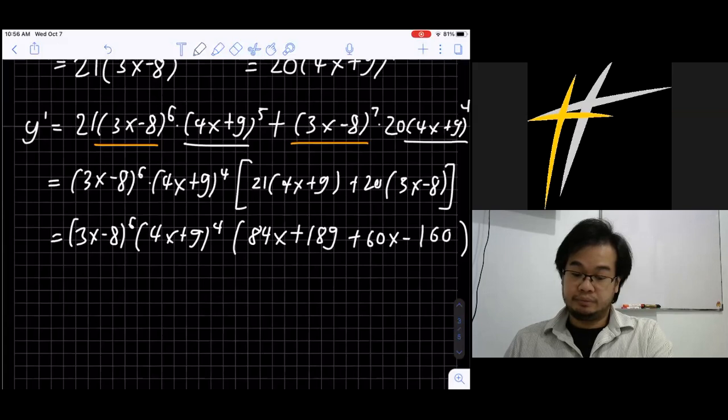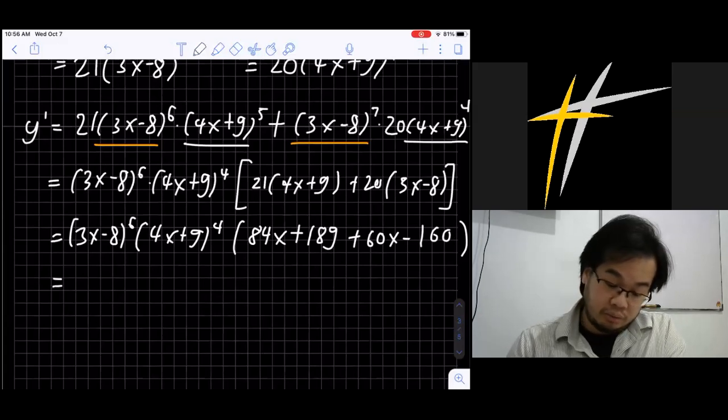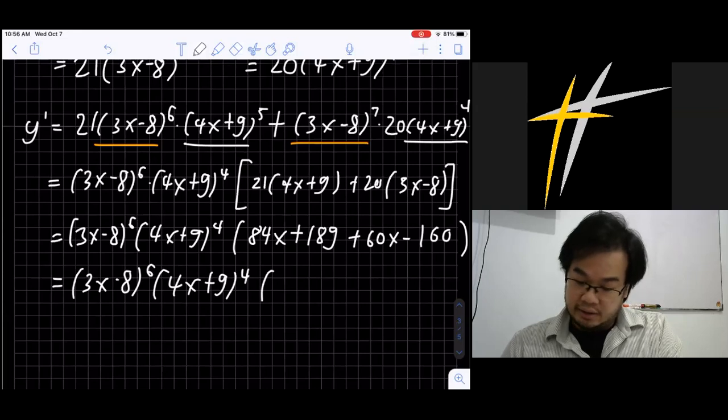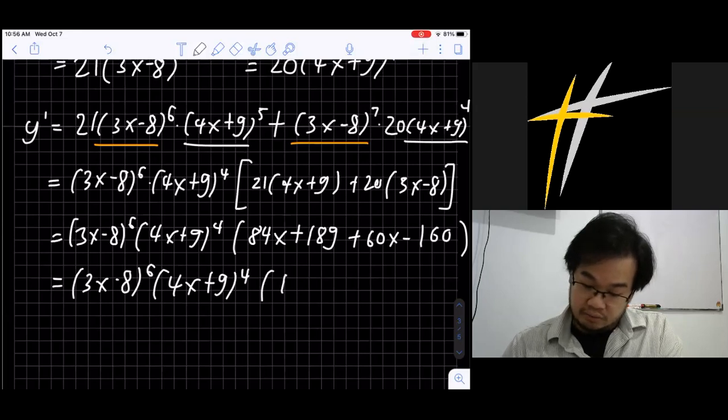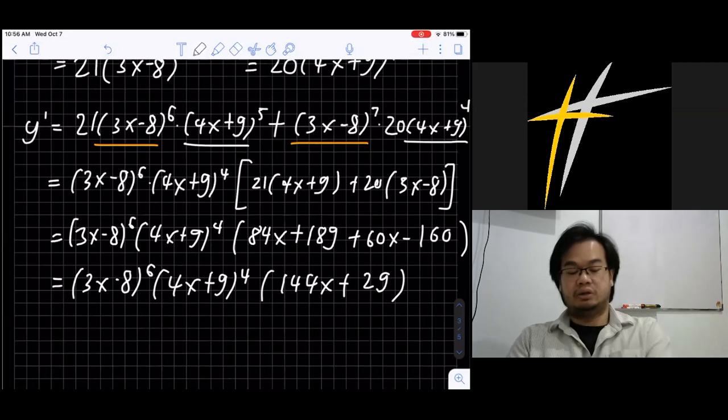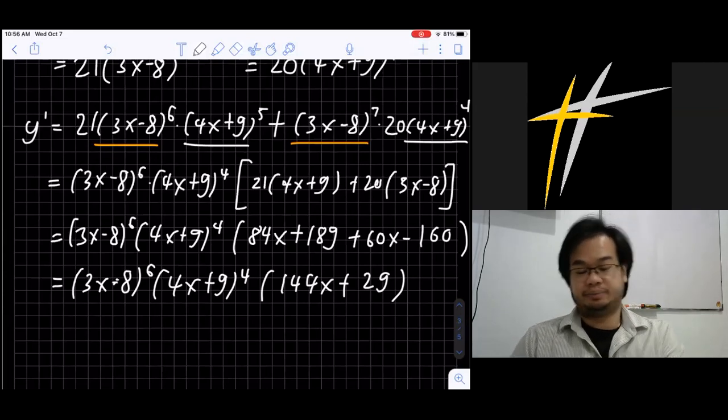Okay. So it's equal to (3x minus 8) power of 6 (4x plus 9) power of 4, and then it's 144x plus 29. Am I right? Yes. So this is the answer.